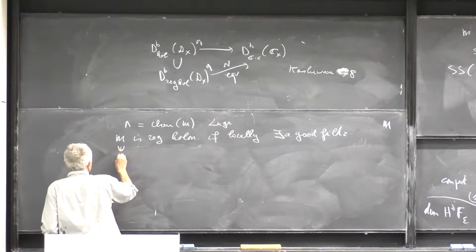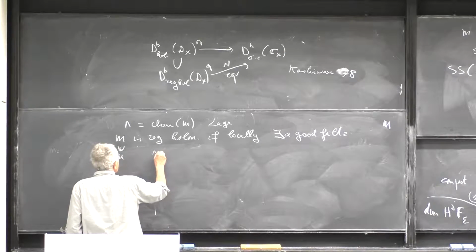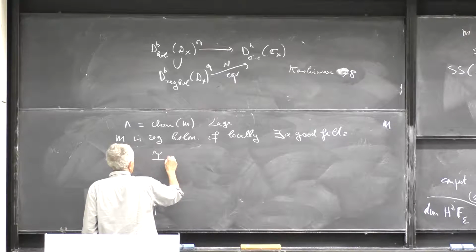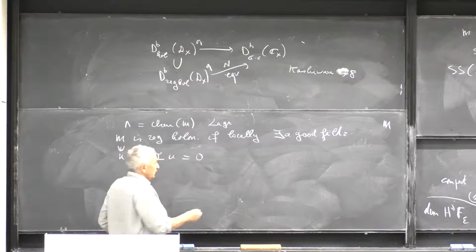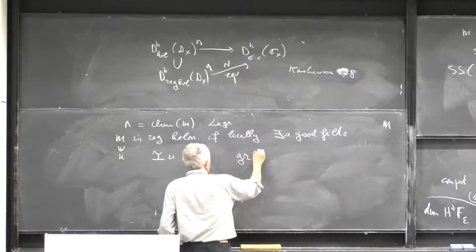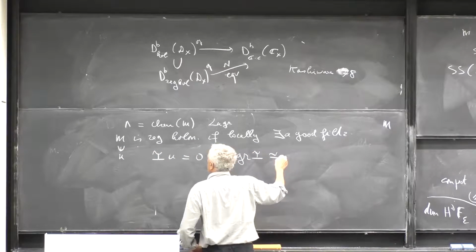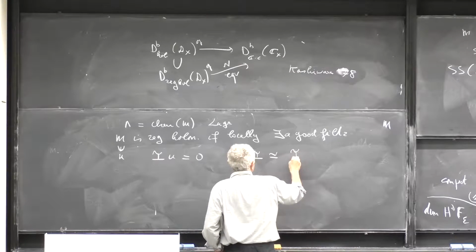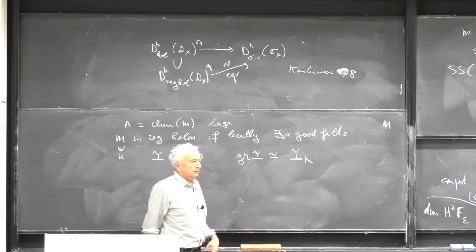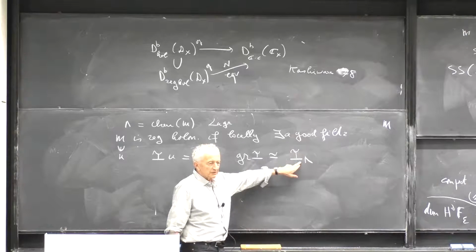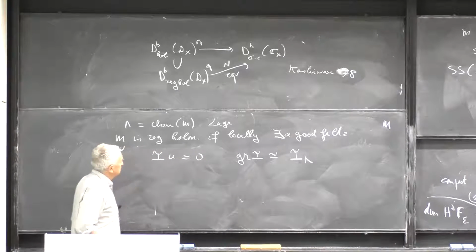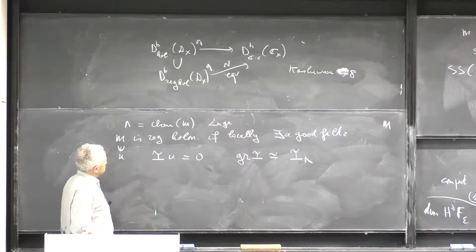So take u in M and take an ideal I satisfying I u equals 0, and you have that gr I is isomorphic to the ideal defining lambda. Maybe it's more reasonable. You're right. In my notes, I think there is no mistake.